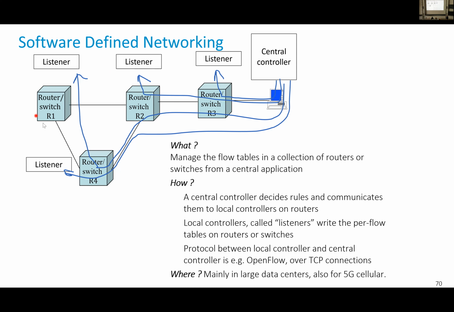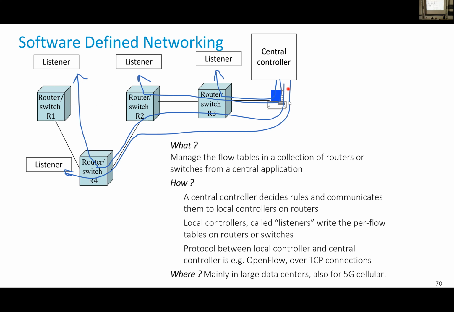So software-defined networking assumes that the routers or the switches are able to receive instructions to write this per-flow table here. And these instructions come from a central controller. And the complete thing is called software-defined networking. The central controller speaks with a piece of software called the listener, the SDN listener, in every packet processing machine over a TCP connection.